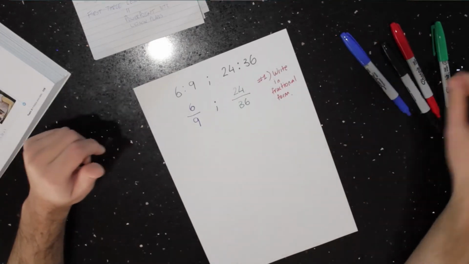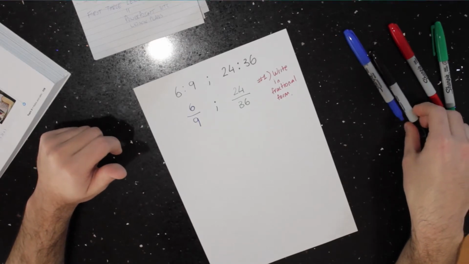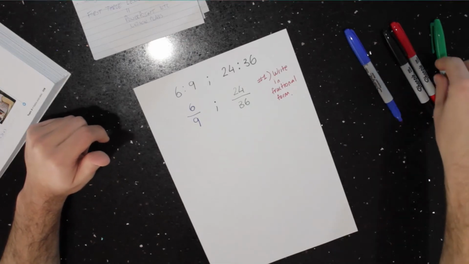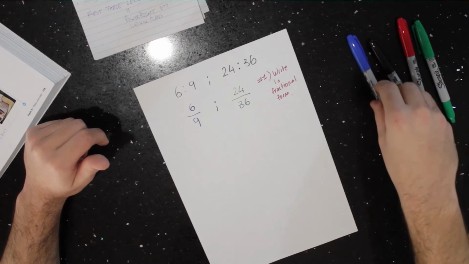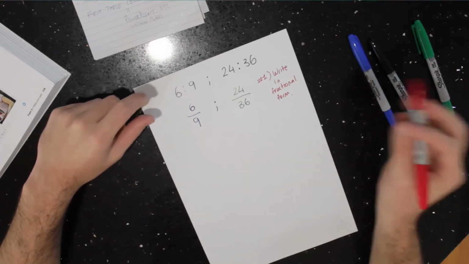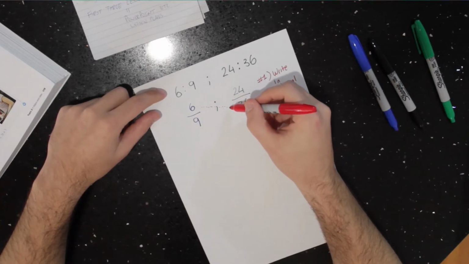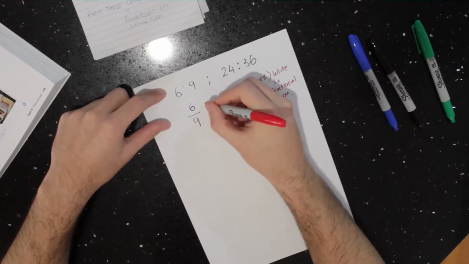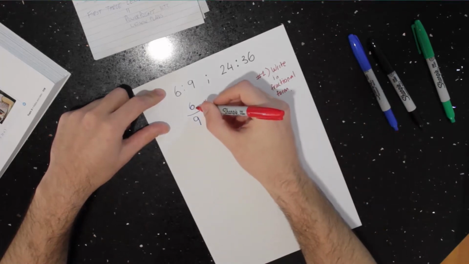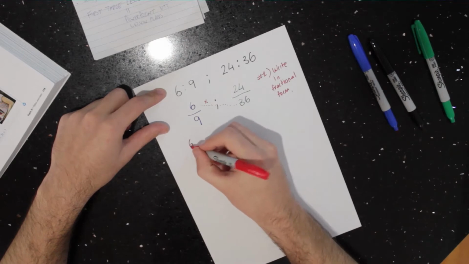Now, I said before that we're using the cross multiplication method. What that means is, in order to figure out if they equal the same thing, I'm going to start up here and draw a little dotted line down to 36. I'm going to write multiplies. So I have 6 multiplied by 36 on this side.